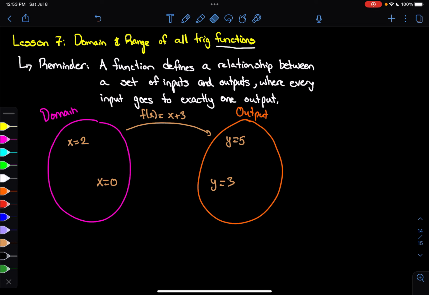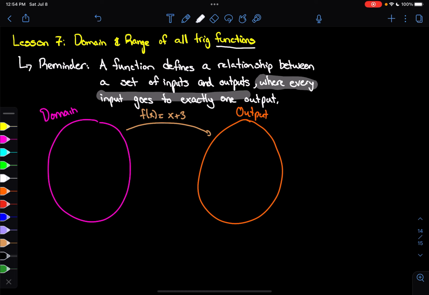And the way I remember the definition, I would argue that this part, where every input goes to exactly one output, is the key thing here. To be a function, we need this to happen. And how do I remember that? I think like if we're making a cake, right?